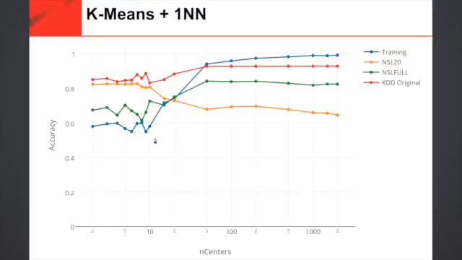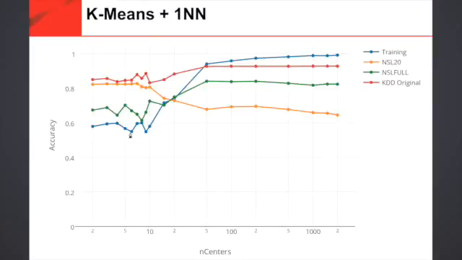I think it's because the more centers of k-means, the more similar the centers are to the training set. So the accuracy should be growing.